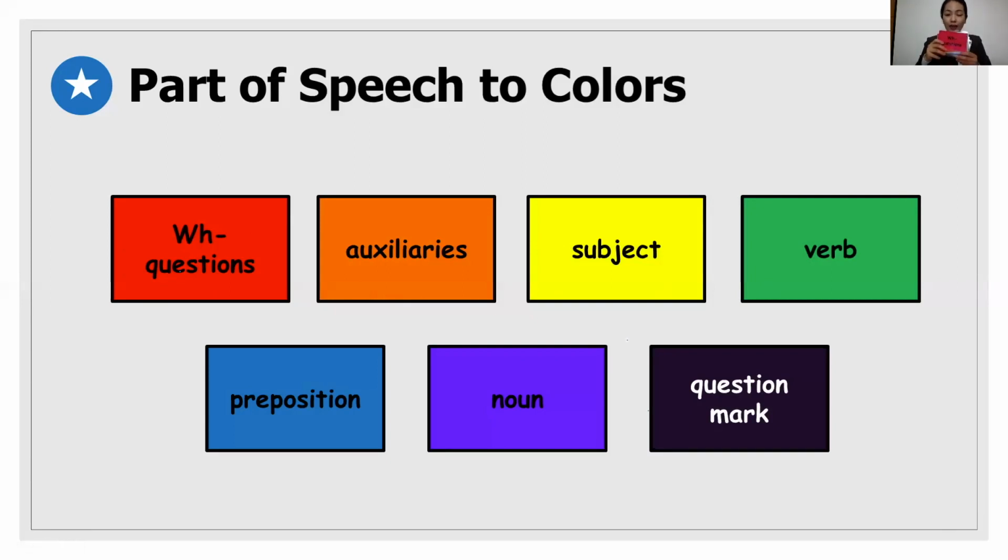Like red, orange, yellow, green, blue, and purple. And this is black for question mark. So why I explain this, students will think about that. Even if they don't know the order of the sentences, they will think about the colors of the rainbow.